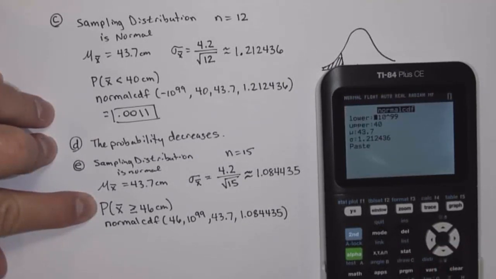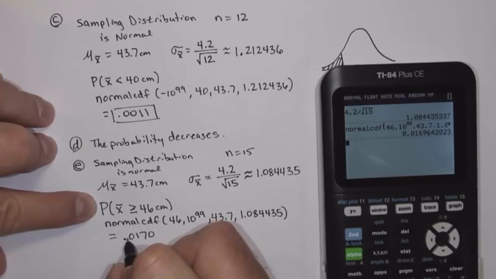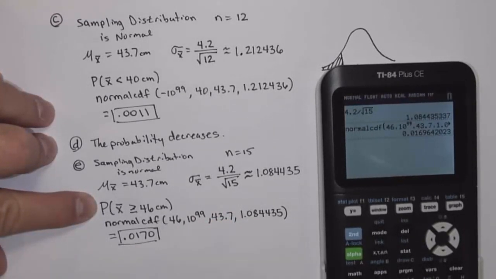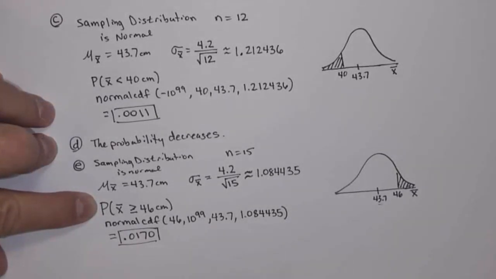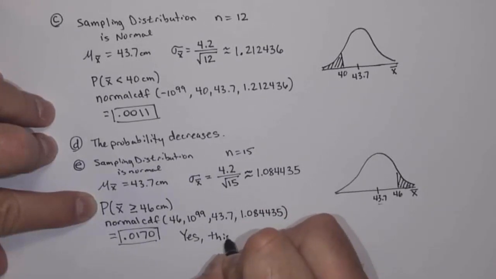This time my left bound is 46, my right bound is a big positive number. My mean is 43.7. My standard deviation is 1.084435. And so that gives me a probability of 0.0170 if I round to 4 places. So there's my probability. That is less than 5%, so the answer would be yes, this would be unusual.